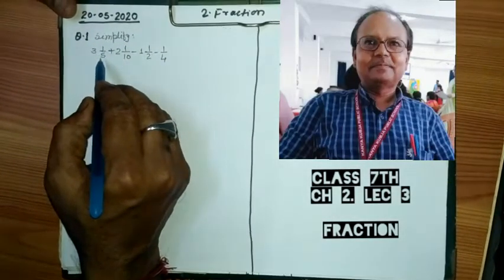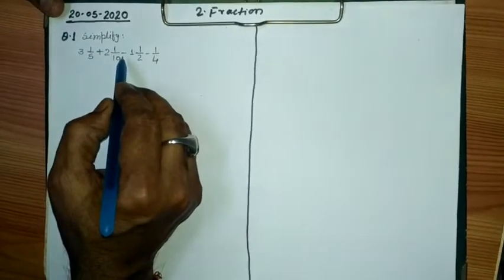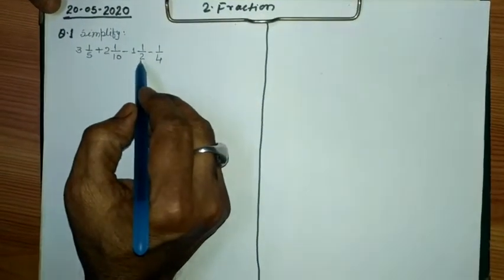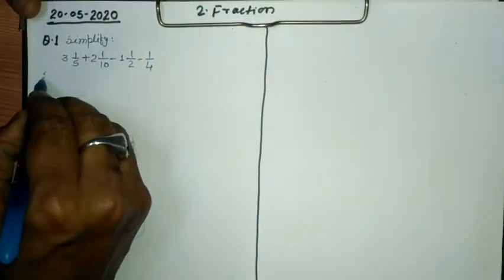Simplify: 3 whole 1 upon 5 plus 2 whole 1 upon 10 minus 1 whole 1 upon 2 minus 1 upon 4. Solution.